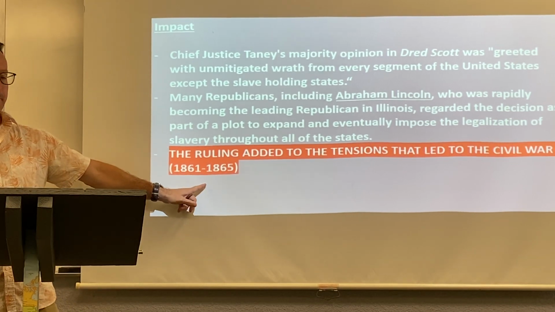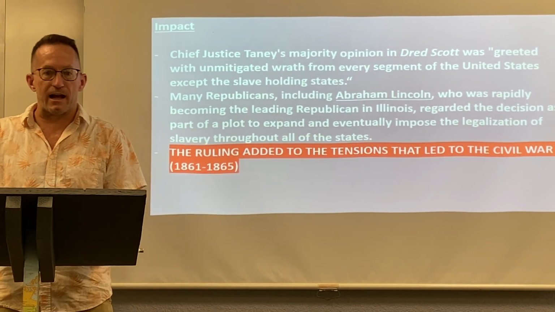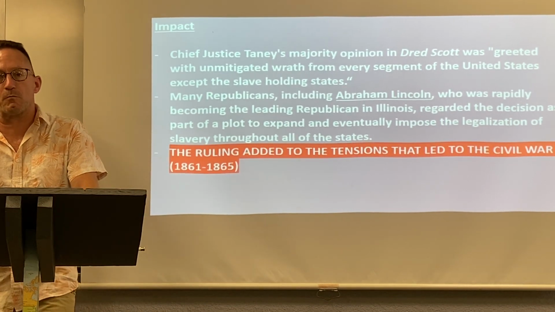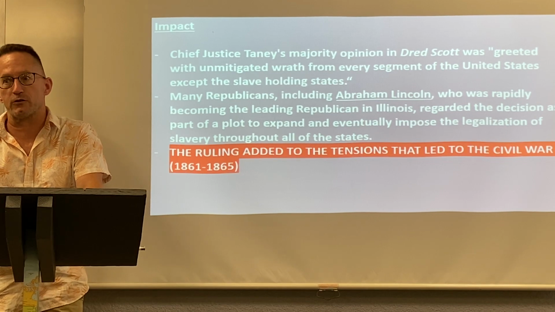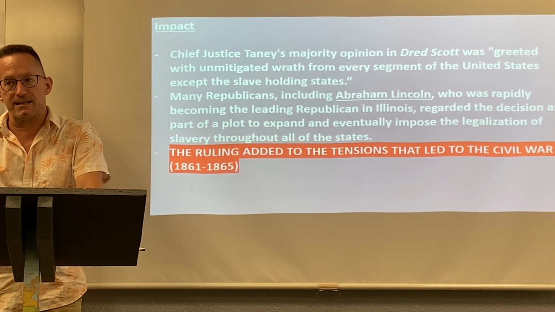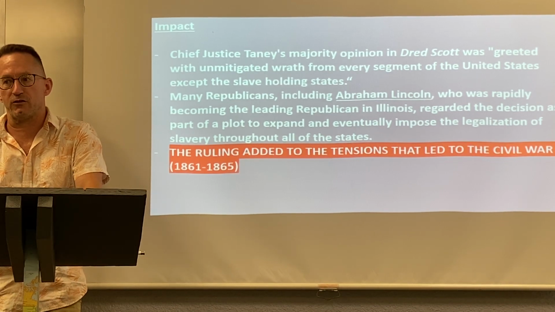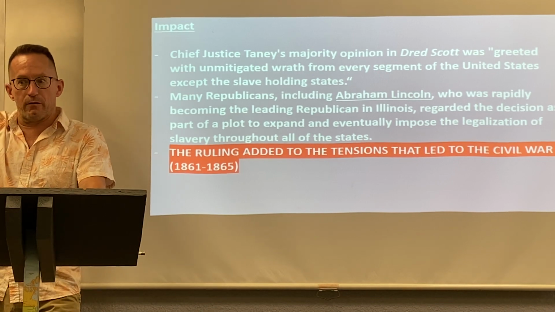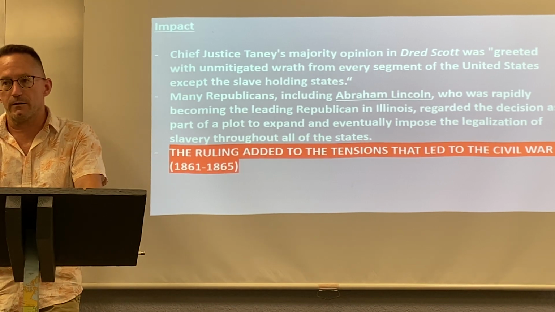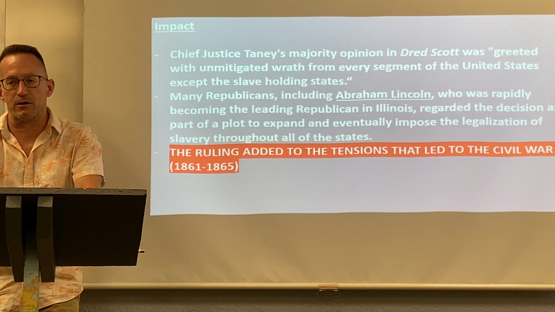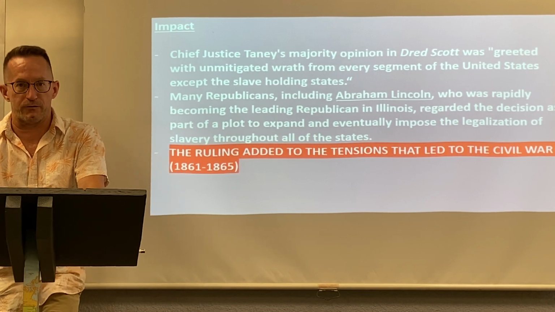And finally, the Dred Scott decision is going to be yet one more thing that pushes the country closer and closer to civil war. So in 1857, this decision is made, makes the North angry, celebrated by the South because they're going to maintain slavery for at least a few more years.